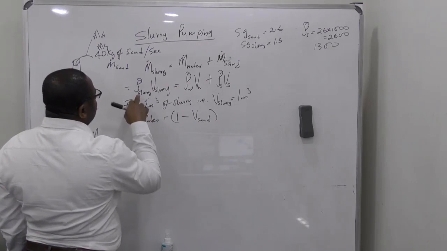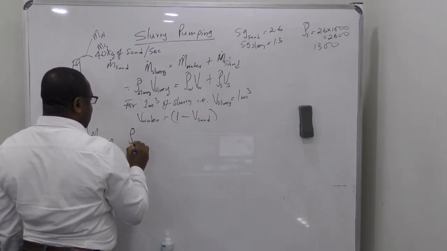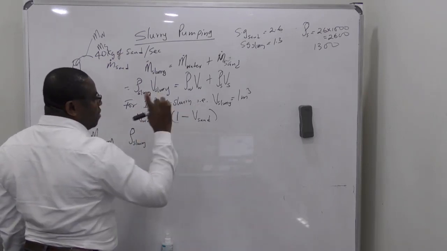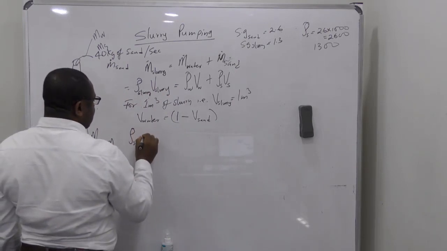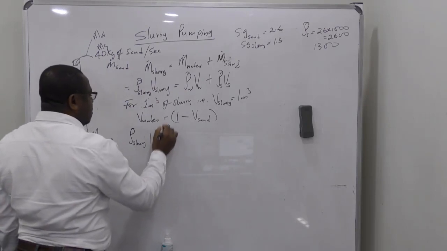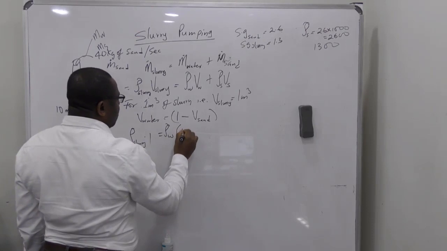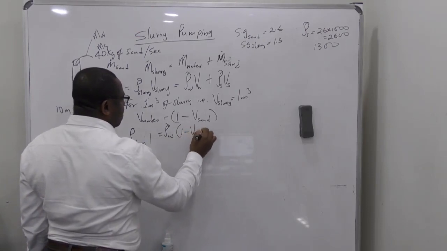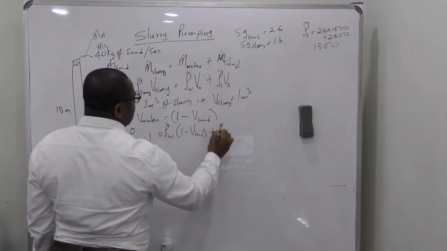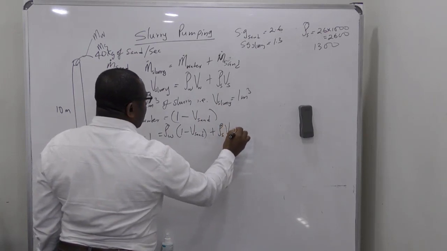Density of slurry times volume of slurry, and we are taking volume of slurry as 1, equals density of water times volume of water, where volume of water is 1 minus volume of sand, plus density of sand times volume of sand.